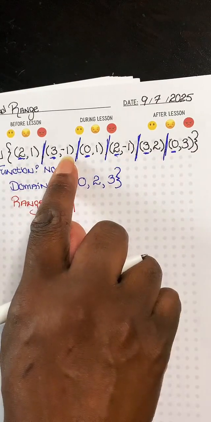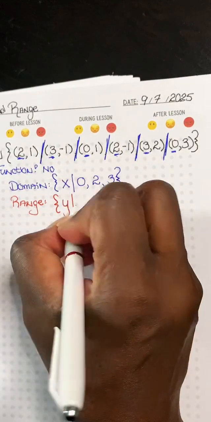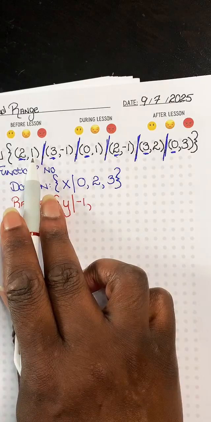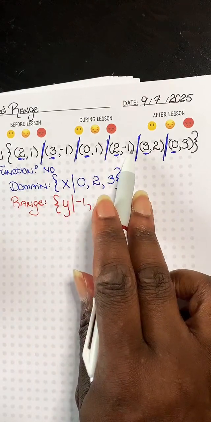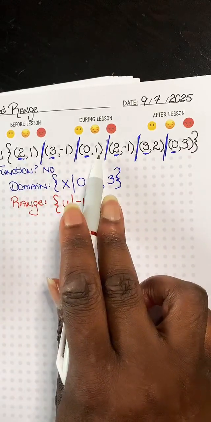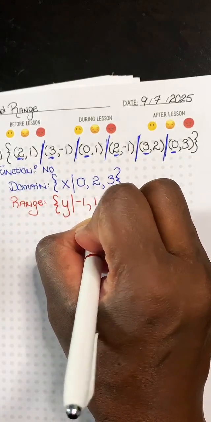So the lowest number that we have in the y's is a -1. All right. What else do we have? We have a 1. The -1's repeated. The 1's repeated. So we just have to write that down once.